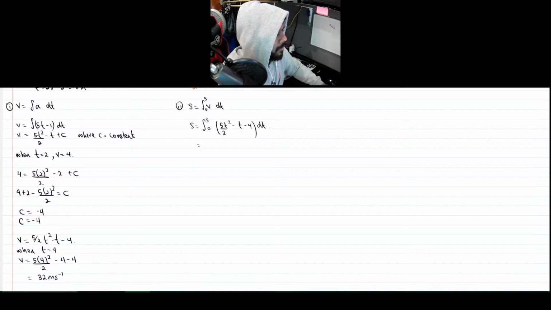That is equal to 5t cubed over 2 into 3 minus t squared over 2 minus 4t evaluated at 3 and 0.